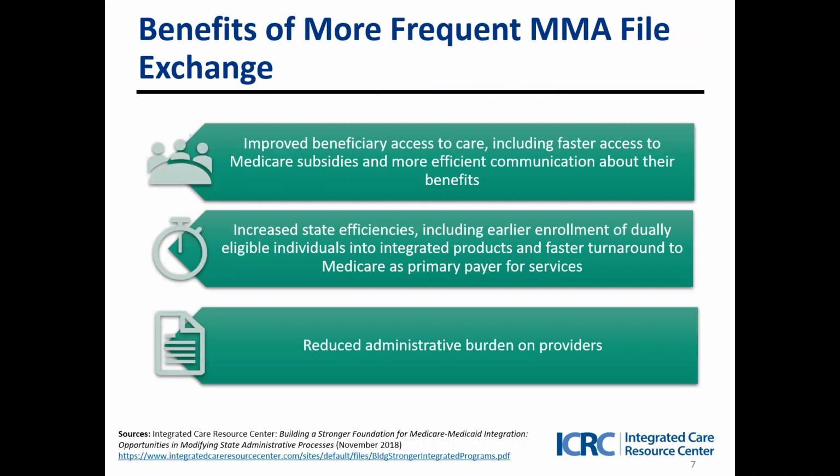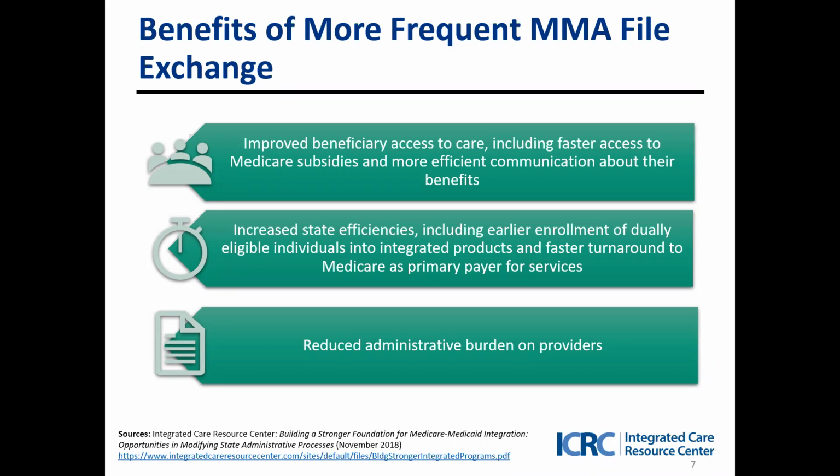So with regard to exchanging MMA files, doing so more frequently can provide several benefits for beneficiaries, the state, and providers. First, more frequent MMA file exchange can improve beneficiary access to care by facilitating faster access to Medicare subsidies and more efficient communication about benefits.